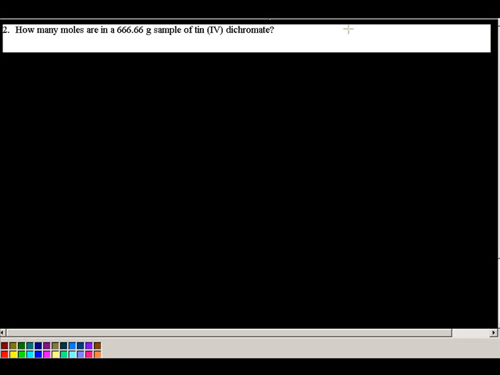So we're going to take a look at problem number 2. Now, as you saw in the first problem, the way to think about this is everything has to go through the moles. So if you have moles, you can get to grams, vice versa. If you have moles, you can get liters, vice versa.